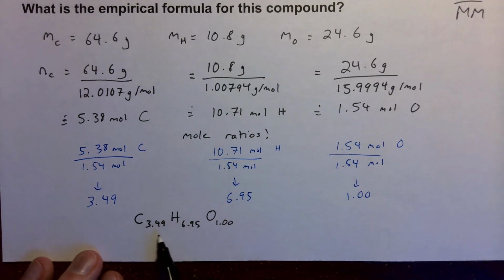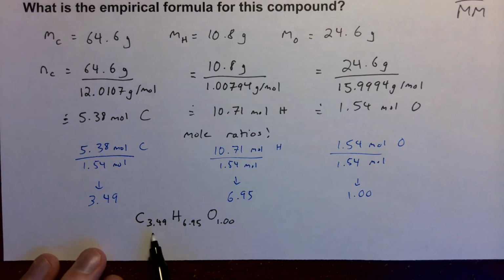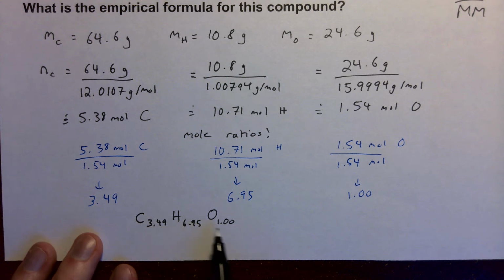And now you're probably thinking, okay, well there's decimal places and that doesn't seem right. If you're feeling that way, you are correct. Elements only ever combine in whole number ratios. So our first step is we're going to have to find another equivalent set of ratios that can get each term out of these three as close to a whole number as possible.